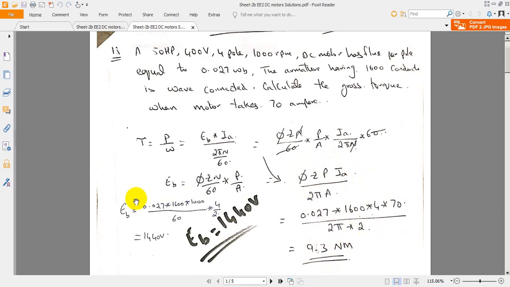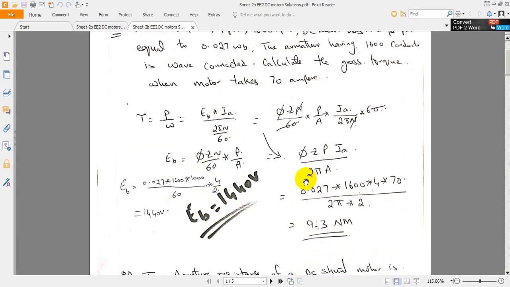Or simply take this value 1440, into 70 divided by 2 pi into 1000 RPM divided by 60, and you will get the same value. With this we have completed the first problem.